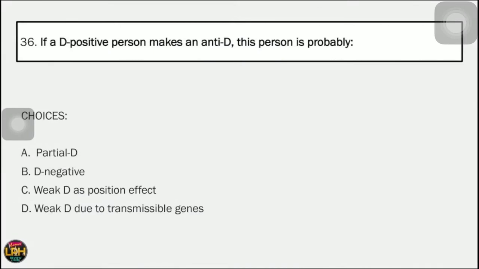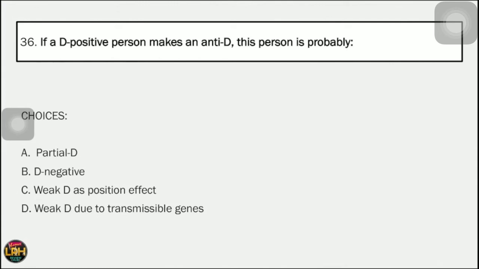Number 36. If a D positive person makes an anti-D, this person is probably letter A, partial D; B, D negative; C, weak D as a position effect; or letter D, weak D due to transmissible gene.